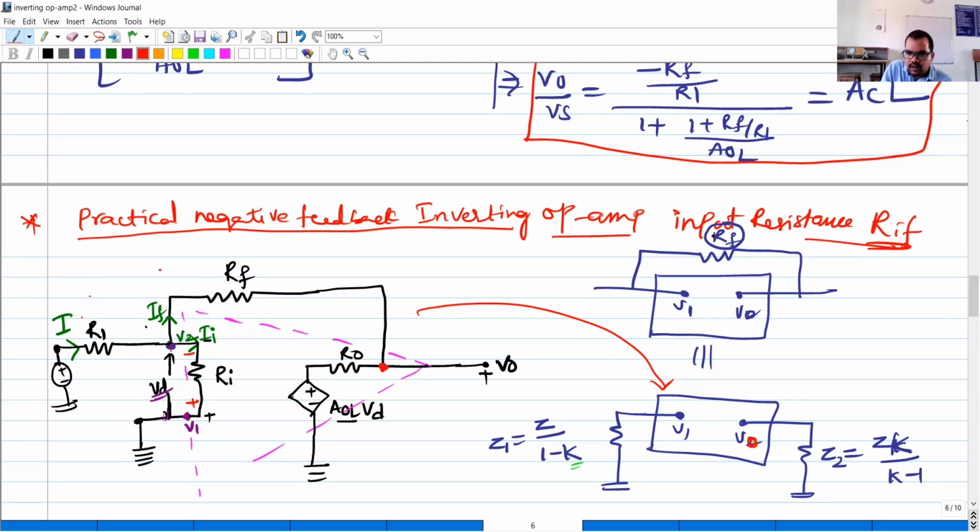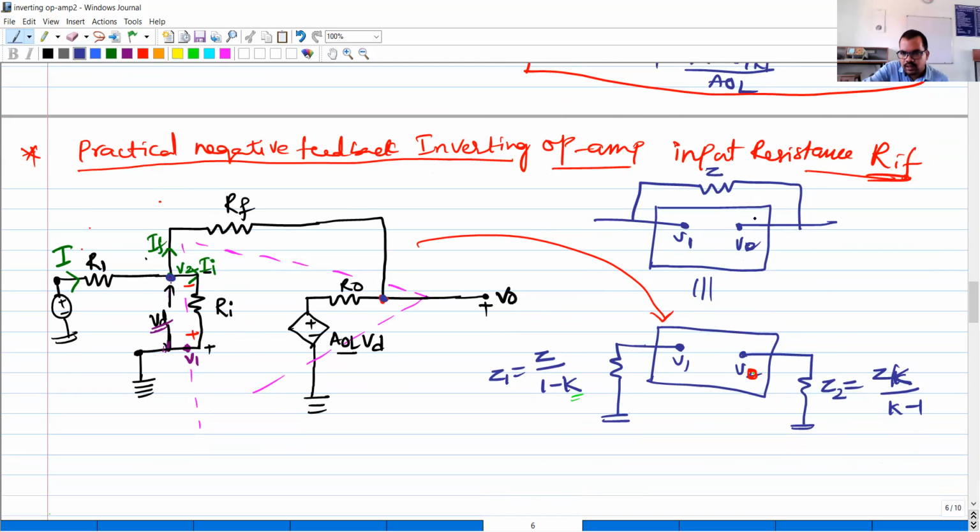In this figure, this RF is there; by using the Miller's equivalent circuit, here I am getting... Once again I want to write here, it is a Z, right?